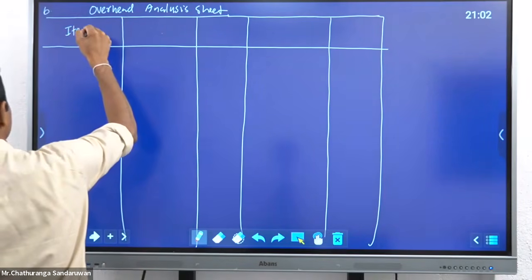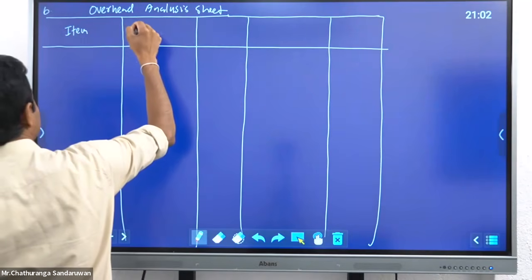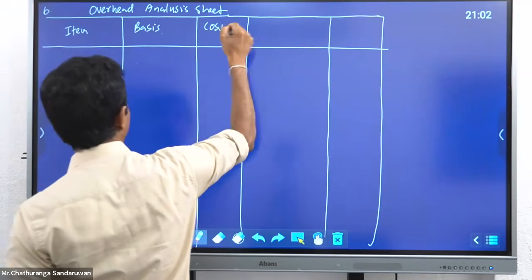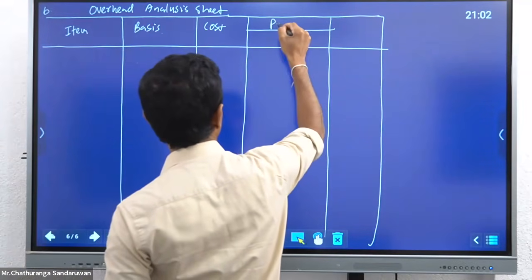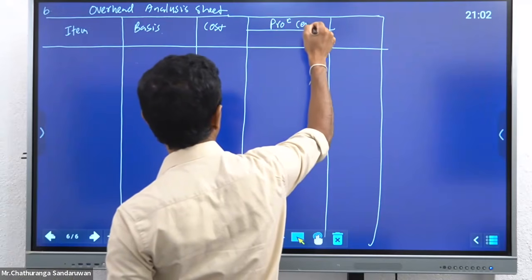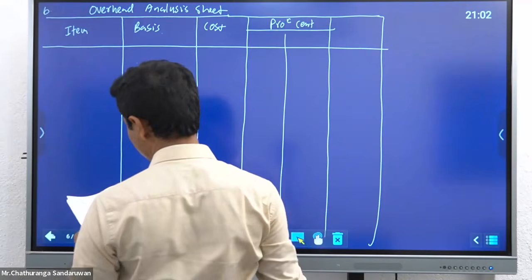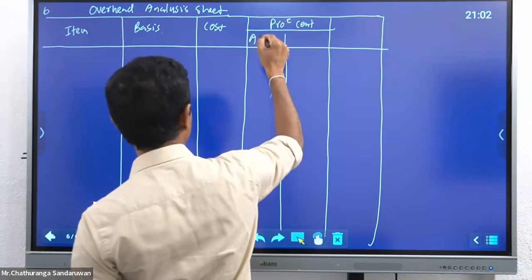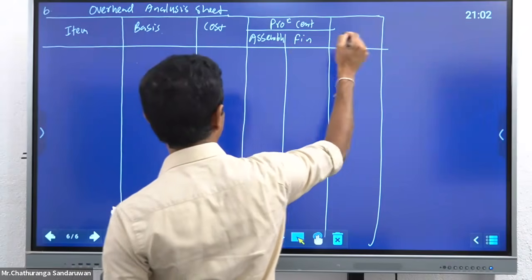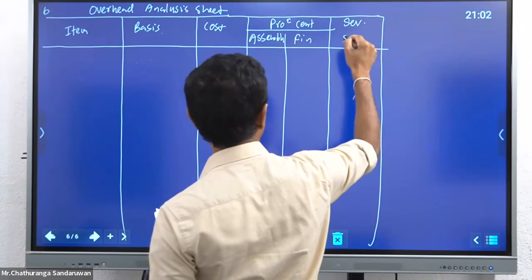Cost item, allocation basis, cost, production cost centers. There are two, assembly and finishing, and then one service center, store.